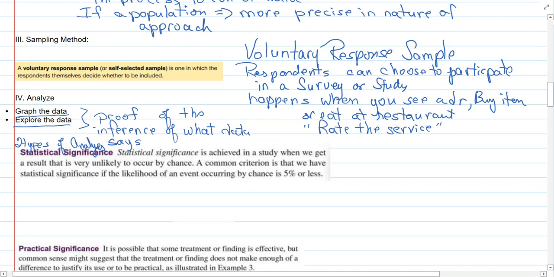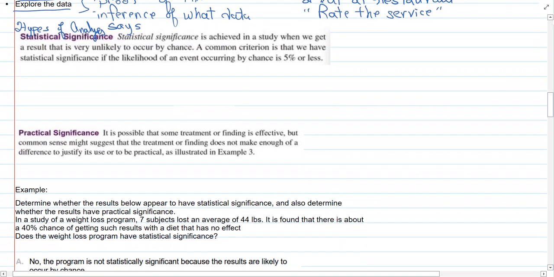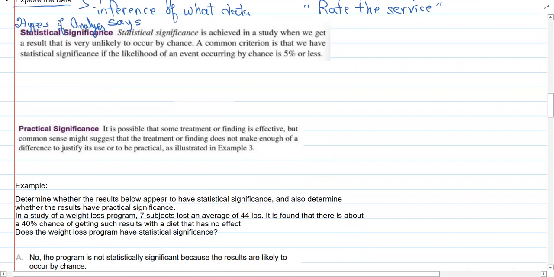The two types of analysis are statistical significance and practical significance. This has to do with what you feel applies to you, but in statistics, we make the determination by criteria.